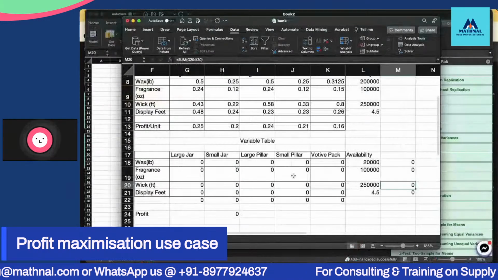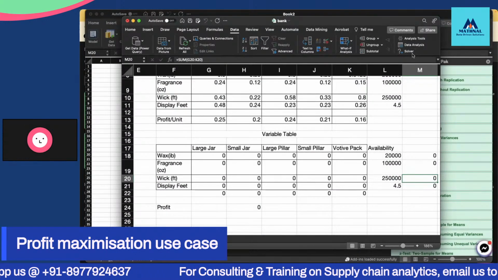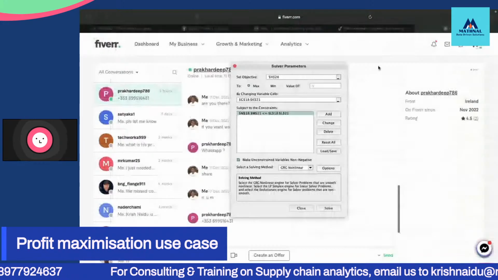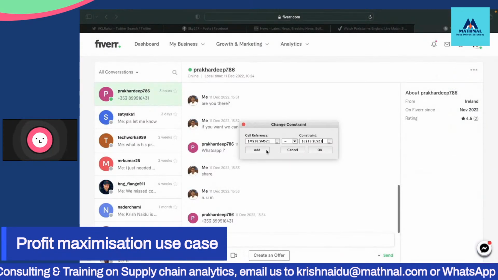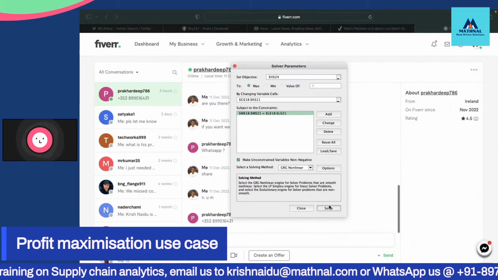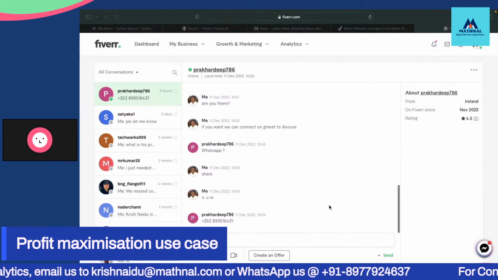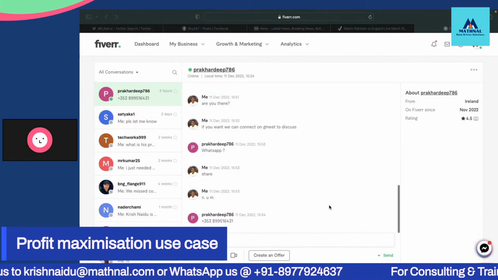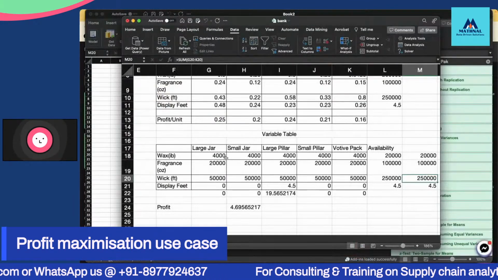I think we got a solution. The solution is bad. Let's change the constraint now. I want that to be equal. Let's solve the problem again. Let's go back to the solution again. And now we got a solution.